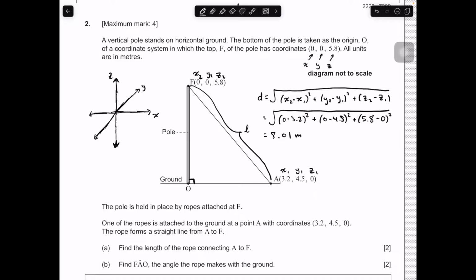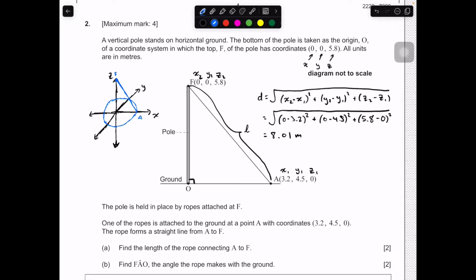So our xy grid that we normally have is now laid flat, and we have this z dimension just going right through the center. And we have this rope. Here's the tip of our flagpole, and it's going down to some point A. So if this is F, for example, and this is A, we've got this flagpole, and the flagpole itself would be along this edge.